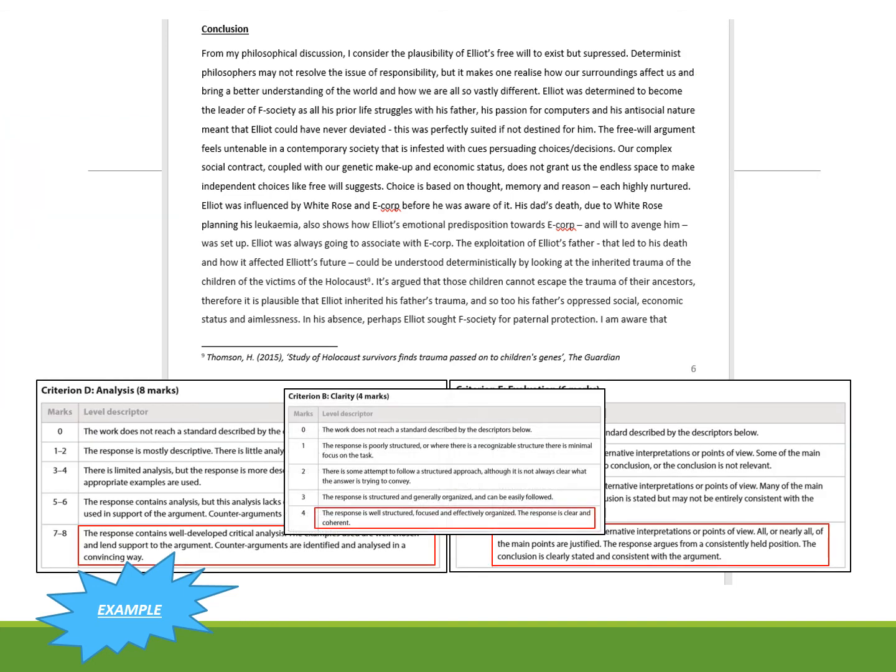So just as a final thing, there's the criteria for your analysis, for your evaluation, and for your clarity. If you're looking at the extract from the example, again, read it yourself. You might want to go a bit earlier in the video so you can get the last sentence, because I've cropped it out here by mistake. You might want to just read that and judge yourself.